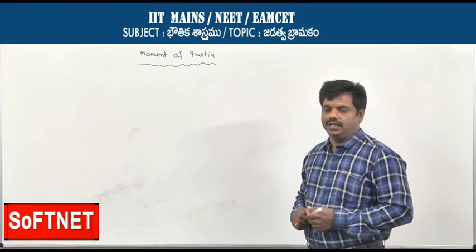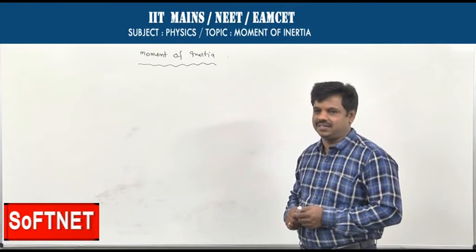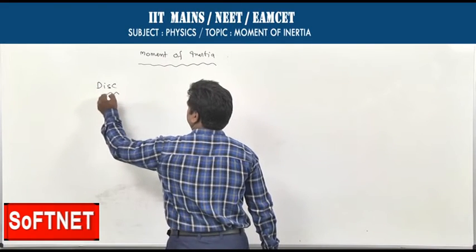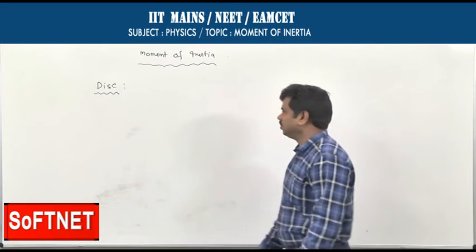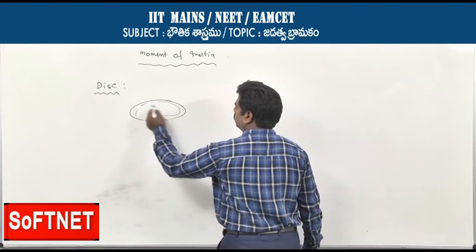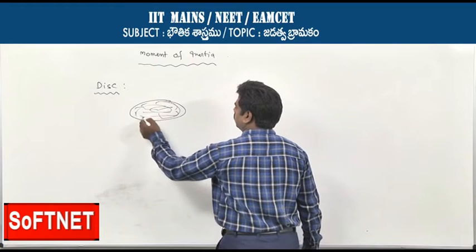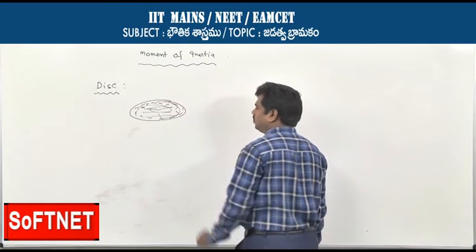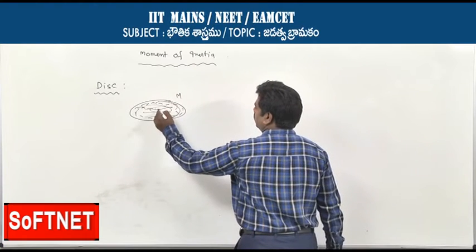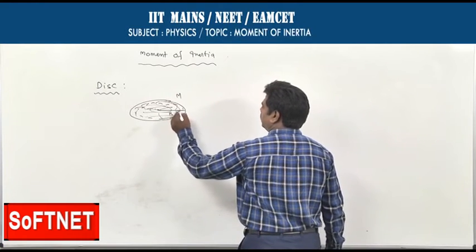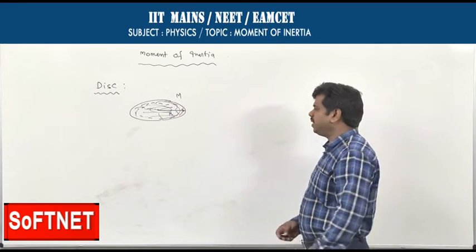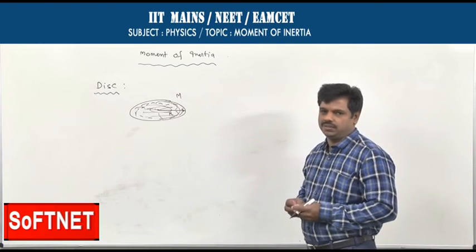Let us find out the moment of inertia of the disc. Now this is the disk. The mass of the disk is capital M. Now the radius of the disk is equal to capital R. So with respect to what axis are we going to find it?